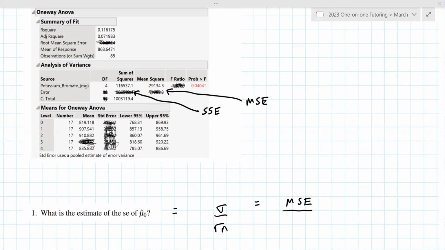Standard error. All right, the quick search here didn't give me anything super useful, other than a bunch of ANOVAs we can do this with.